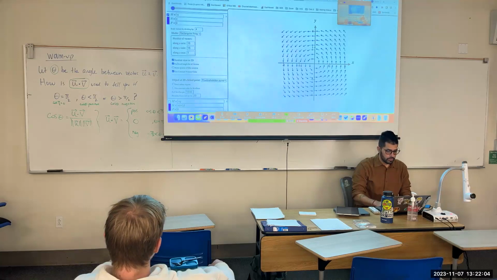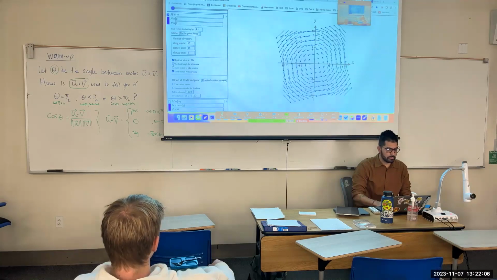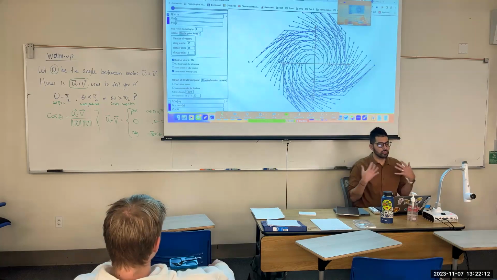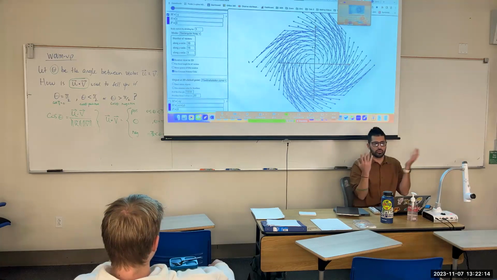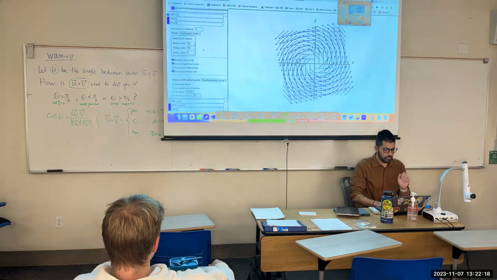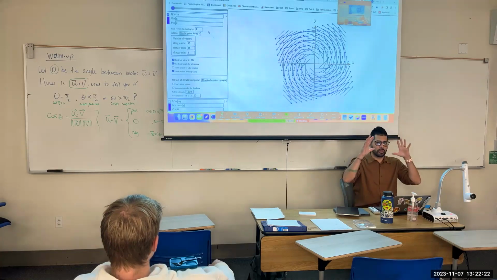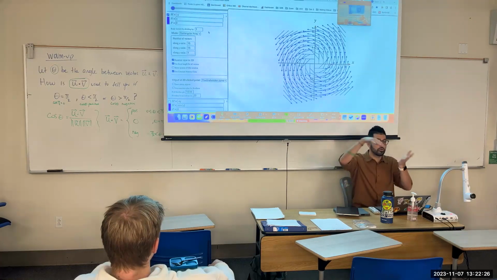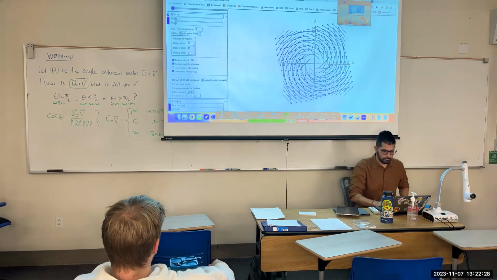If I want to keep them their true distance, it would look like that. But normally you don't do that because it's too hard to see anything. So usually you try to fix the vector's length to get an idea. Keep that in mind. Right now it looks like every vector is the same, but that's not necessarily true. We just care about the orientation of the vectors.